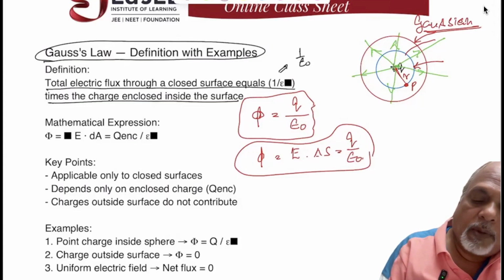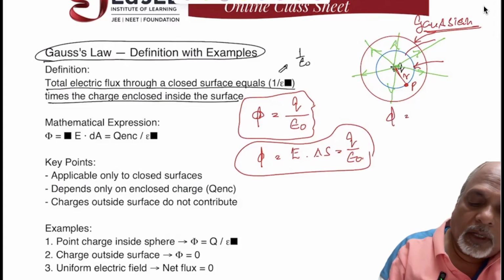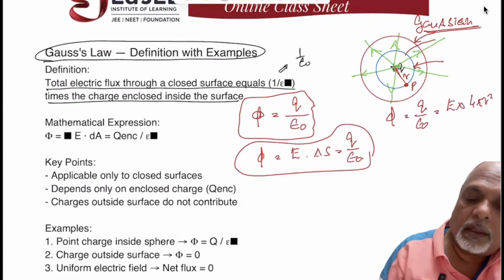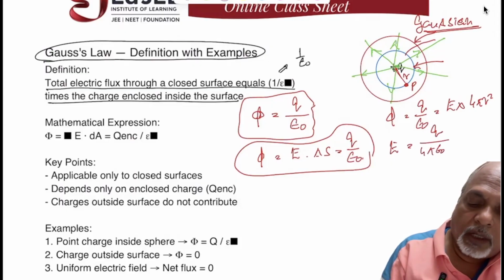Then, as per Gauss law, this phi is nothing but Q upon epsilon 0, and that is equal to E into A, the surface area. Surface area at R, what is this? 4 pi R square. That means electric field at R, you can always find out as Q upon 4 pi epsilon 0 R square.